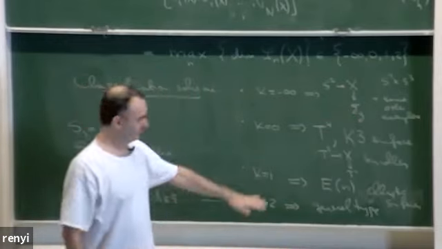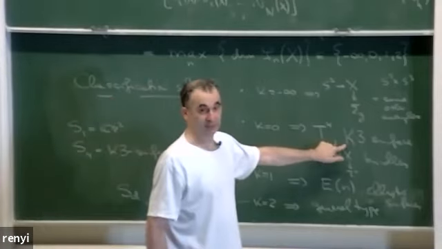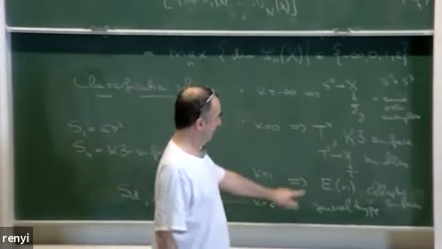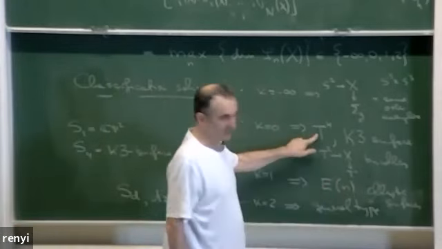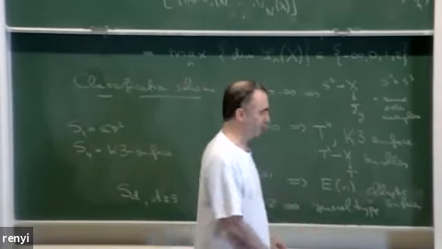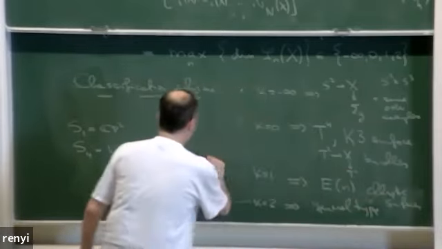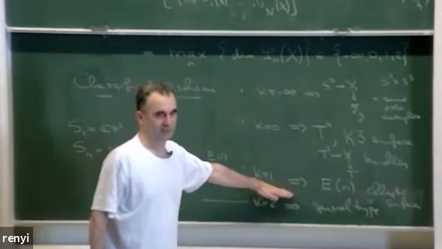Yes, so the K3 is here and not there. But this is the only elliptic surface. Of course, E1 also appears here, and this is also not an elliptic surface.